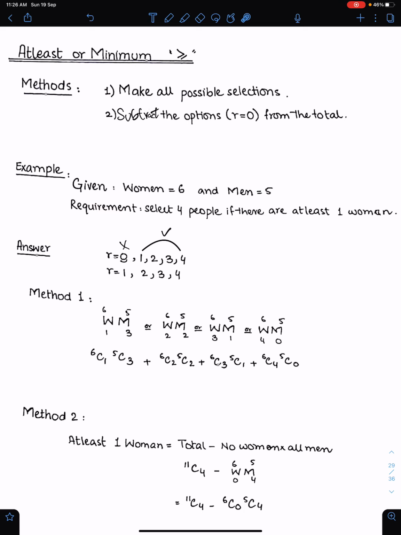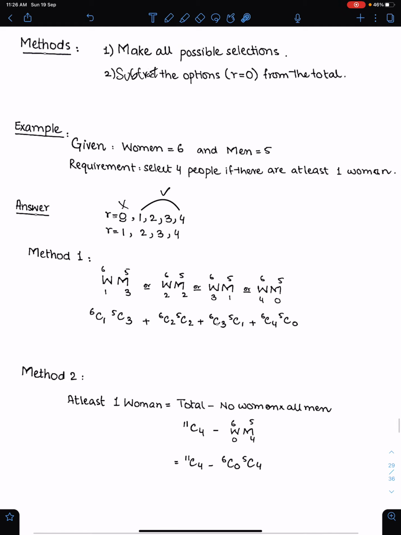We need 1, 2, 3 or all 4 women, and this option is not here in this list. So in method 2, we have to subtract this option from total. This is method 2. At least one woman means total minus this option, because this option is not in this list.